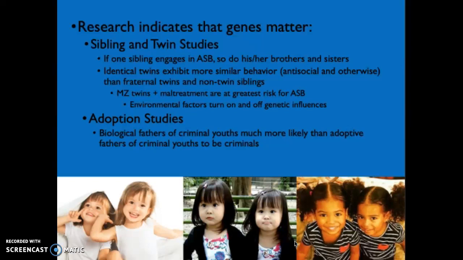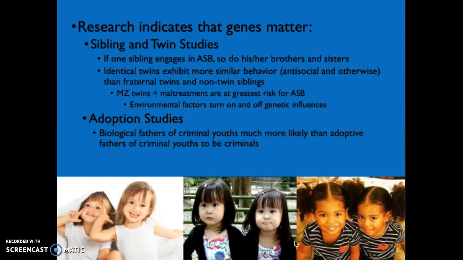Also, a more rare type of study: there are certain times that we could see twins that were perhaps separated and adopted into different families. Well, not necessarily twins separated, I'm sorry, but if you are put up for adoption and then we're able to see your biological father, understand that kind of environment. If the father was a criminal, then we're more likely to see that adopted child displaying those types of behaviors.